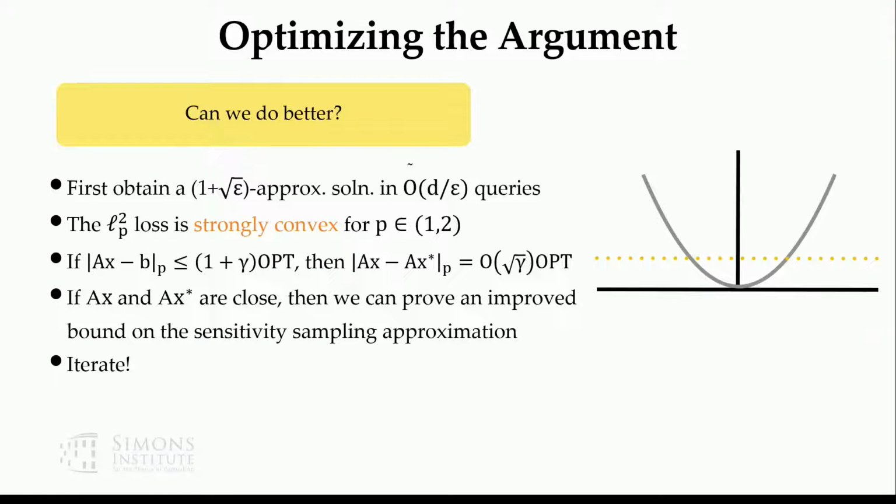That means the value is below this dotted line. But then by strong convexity, AX is close to AX star. So we only need to consider AX in this range between these blue vertical lines.